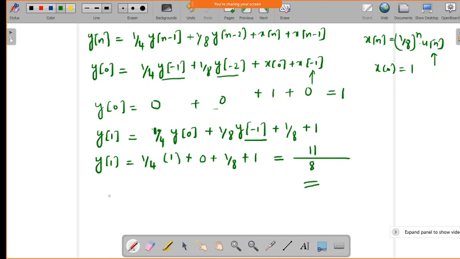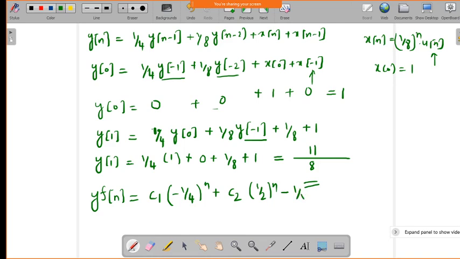So now put in the forced response equation, that is the complete solution, which is given by C1 into minus 1 by 4 power n plus C2 into 1 by 2 power n, so minus 1 by 8 into 1 by 8 power n, into u of n.